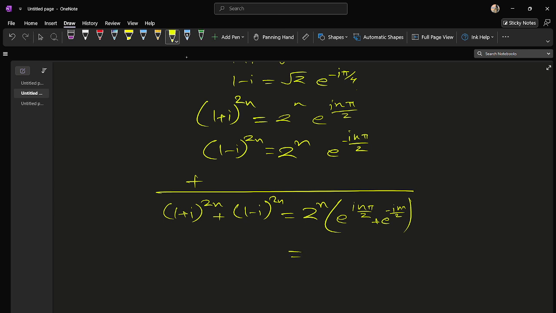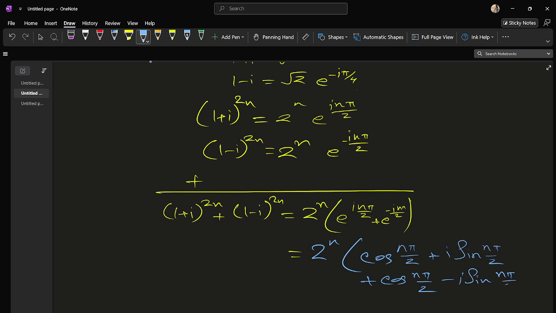That equals 2 to the power n times cos n pi by 2 plus i sin n pi by 2 plus cos n pi by 2 minus i sin n pi by 2, because cos is an even function and sine is an odd function.